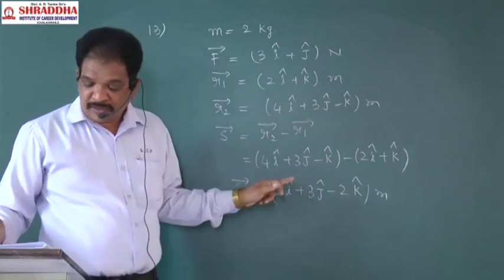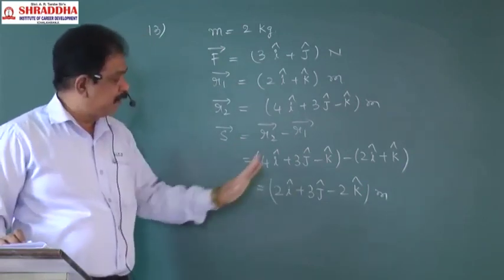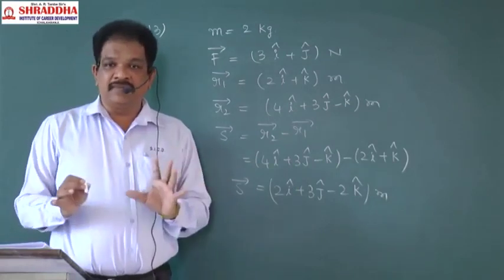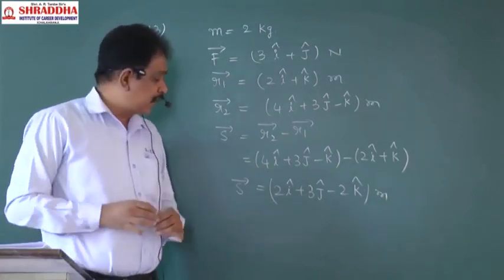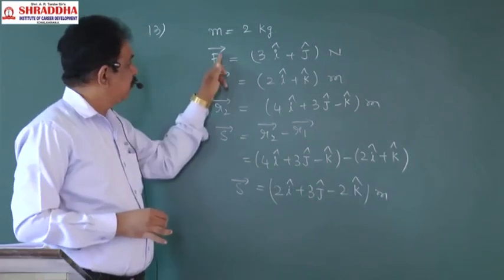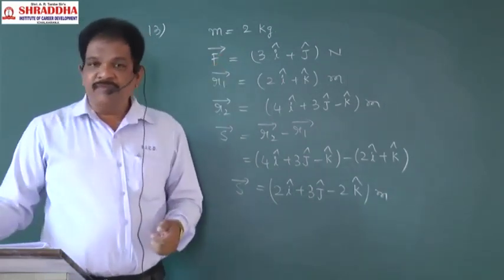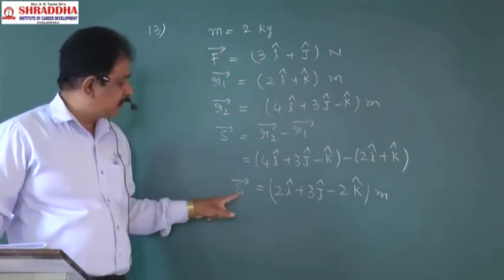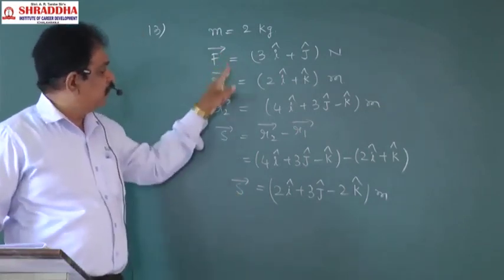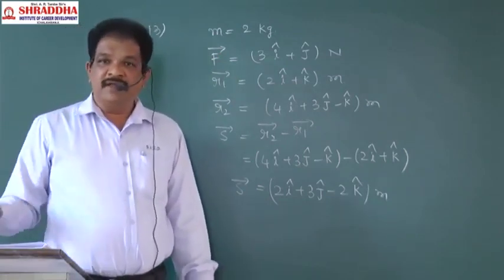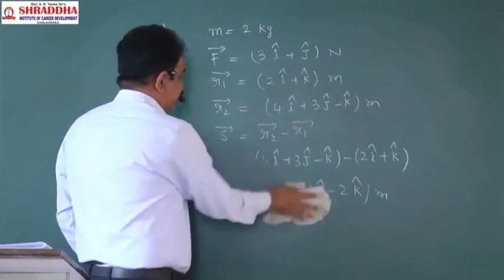We got 2i cap plus 3j cap minus 2k cap. They are asking what is the work done. Work done formula will be F bar dot S bar. We know F bar and we calculated S bar. If we do the dot product between these two, we will get the amount of work done.